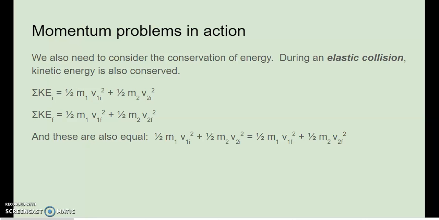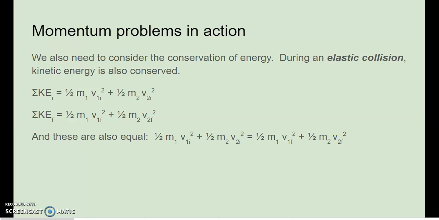We know that kinetic energy is also conserved if this is what we refer to as an elastic collision. If you ever studied chemistry and learned about the gas laws, then you know that what makes an ideal gas ideal is that energy, specifically kinetic energy, is conserved. So this is not unreasonable to assume in many collisions.